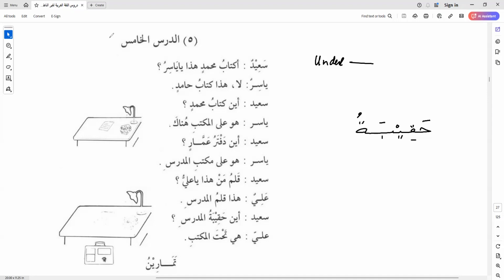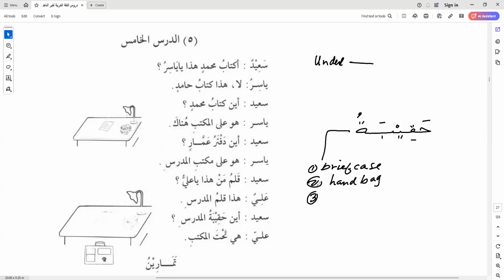So let's look at the word hand. Haqibatun. As you can see, it's a briefcase, haqiba. And then you can call it a handbag also, haqiba.